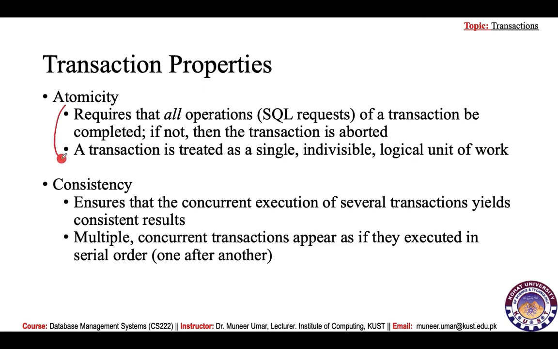Atomicity states that if there are five statements, so either all these five statements must be executed or these must be aborted. Let's say four are executed, the fifth one got an error, so the four will not be implemented in the database.